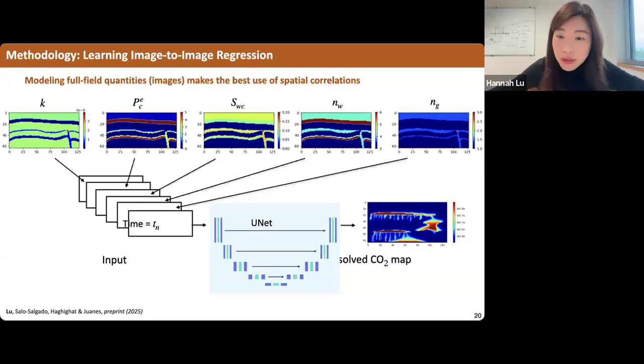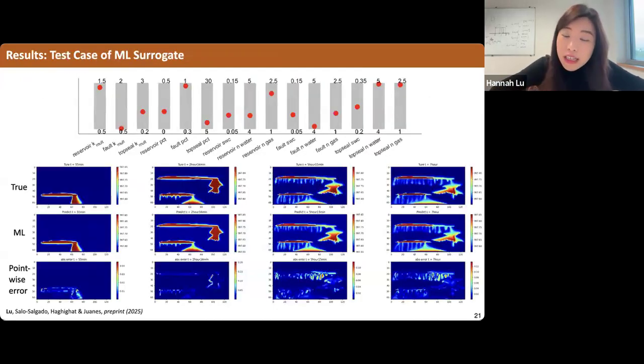And here we use UNet, a very popular convolutional neural network architecture that is tailored to image regression, to do this learning task. And we have a very limited training set, about 80 simulations of the parameter combinations, but we have 466 time steps, so that's 80 times 466.